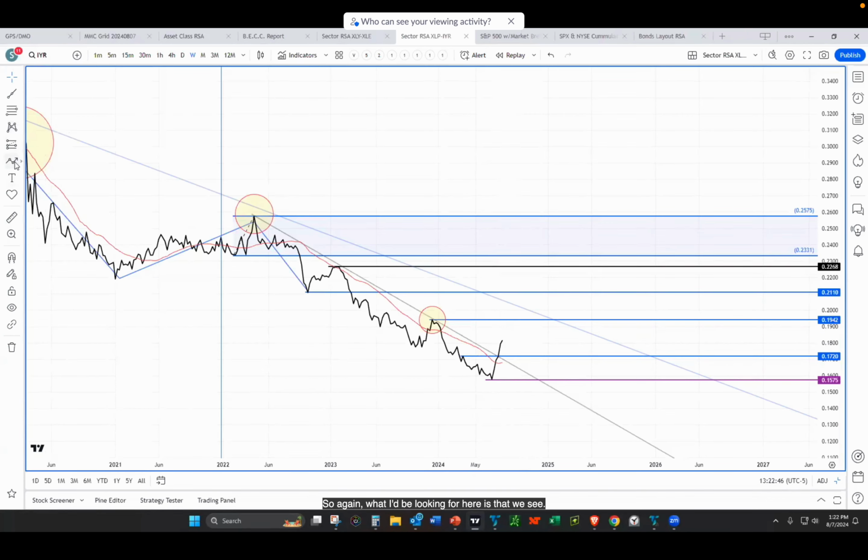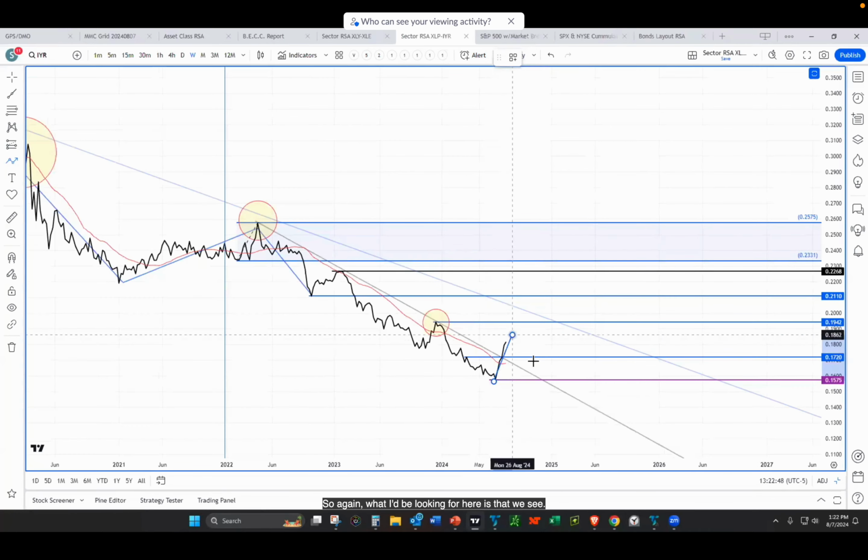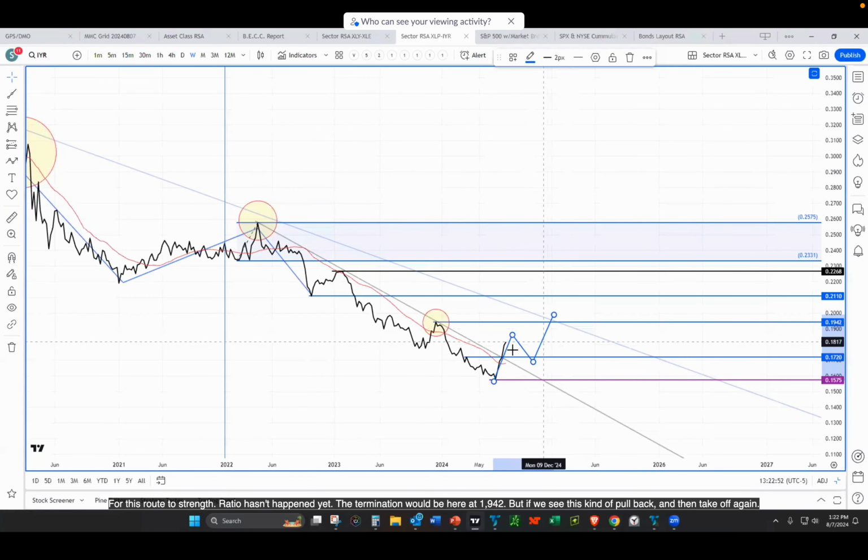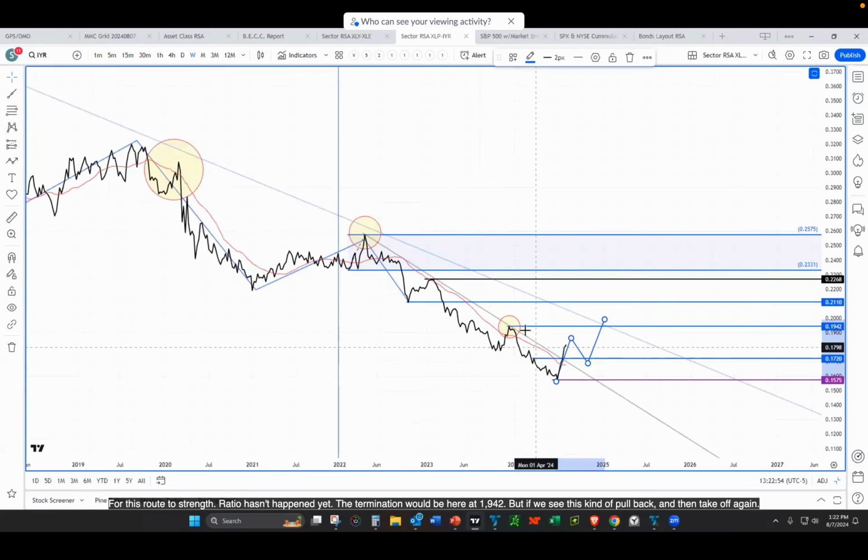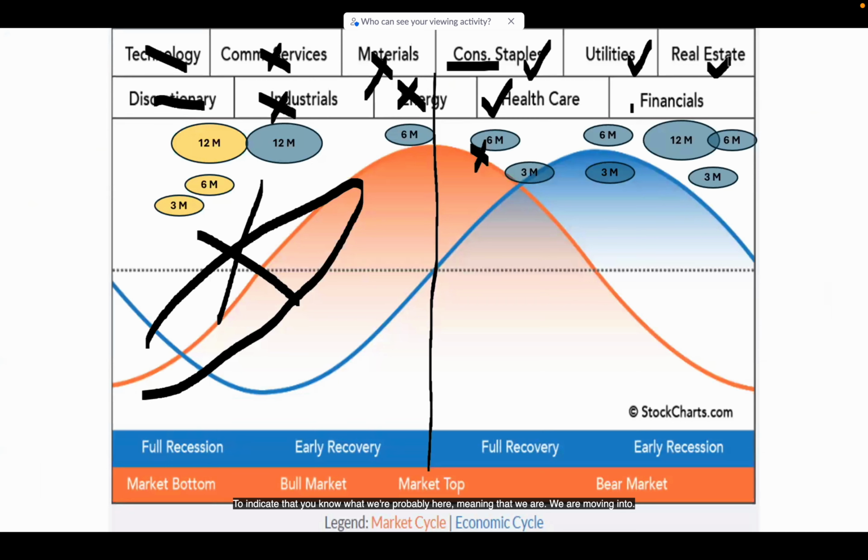So again, what I would be looking for here is that we see the termination or reversal for this relative strength ratio. It hasn't happened yet. The termination would be here at 1942. But if we see this kind of pull back and then take off again, that's going to be another signal to indicate that, you know what, we're probably here, meaning that we are moving into that bear market.